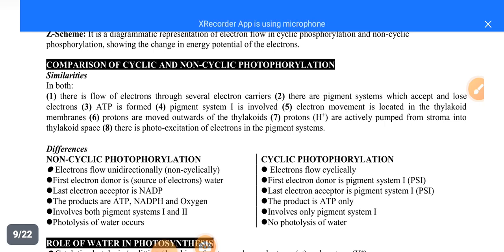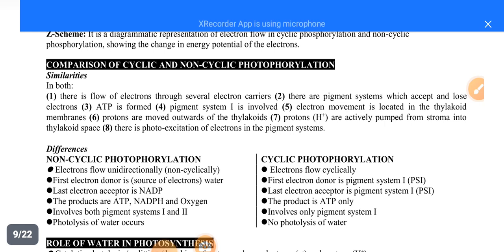Then our next point, we can say that in both the pigment system 1 is involved. The pigment system 1 involves electron movement and is located in the thylakoid membrane. Then our number 6 point, we are saying in both protons are moved outwards of the thylakoid. Say in both protons, in bracket the hydrogen ions, are actively pumped from the stroma into the thylakoid space.